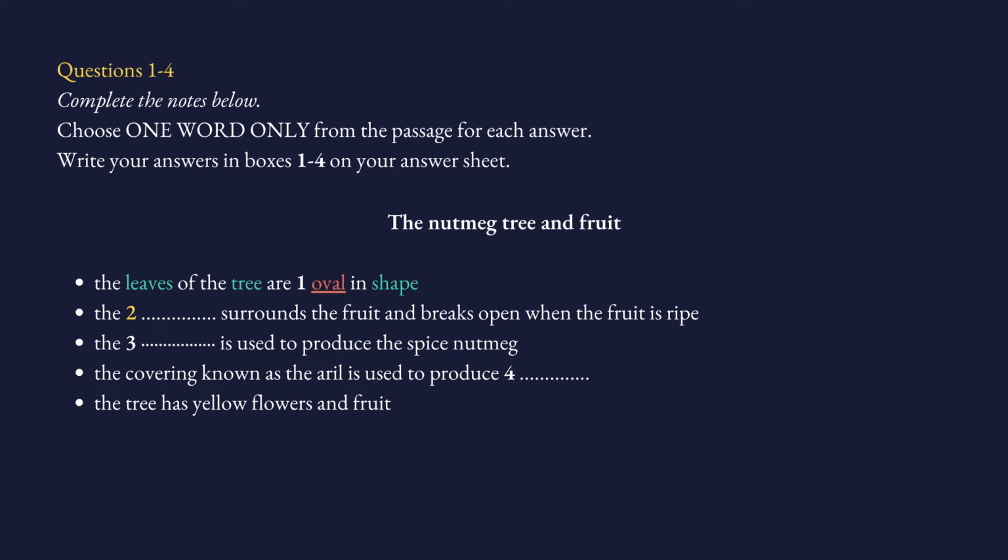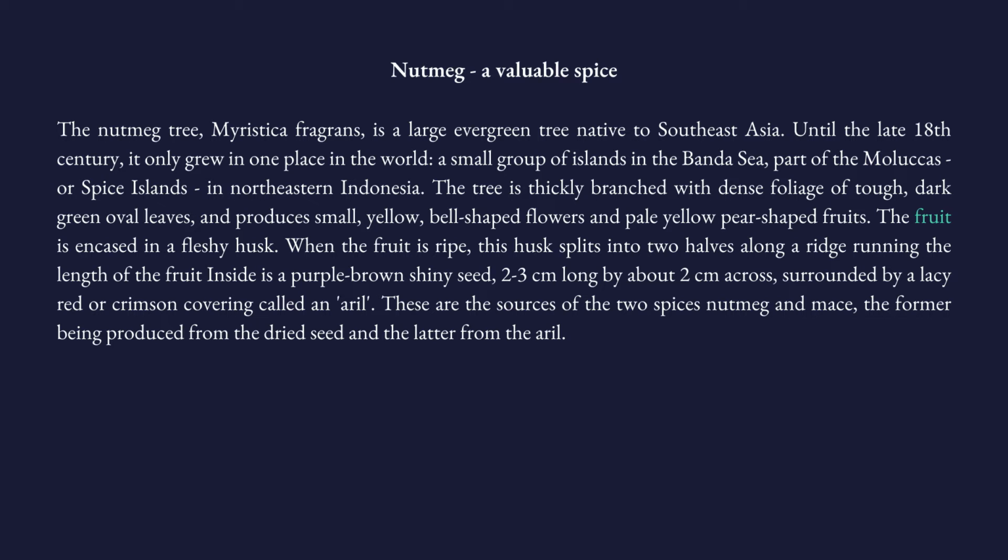Question number 2. The blank surrounds the fruit and breaks open when the fruit is ripe. Let's find the keywords. Well, for me, when I look at this sentence, surrounds is the keyword, fruit is a keyword, breaks open could be a keyword, and ripe. So let's search for them. And again, I'm going to give you the answer. It's in paragraph 1, this sentence. We have fruit and we have encased. Encased is a synonym for surrounded.